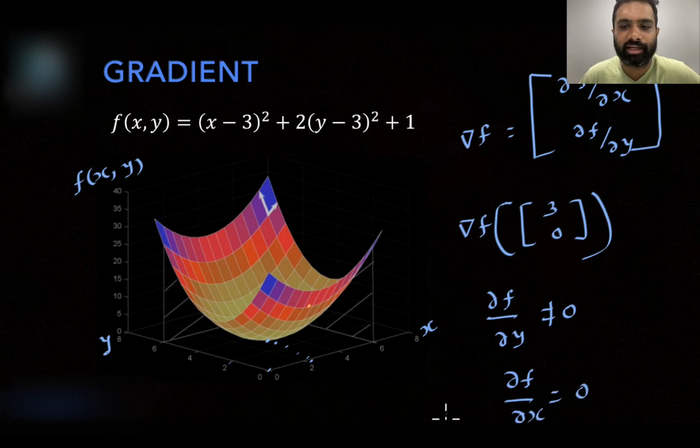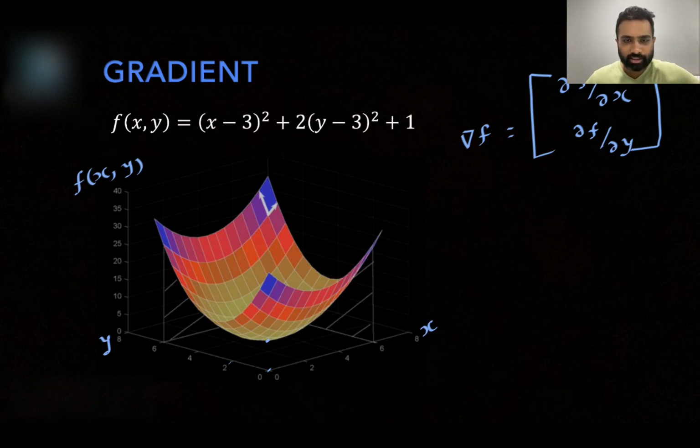That means whatever gradient you find will be in the y-axis direction. So it will be a certain vector in the y-axis direction, and the component on the x-axis will be 0. So it will have this kind of vector at the point 3, 0.